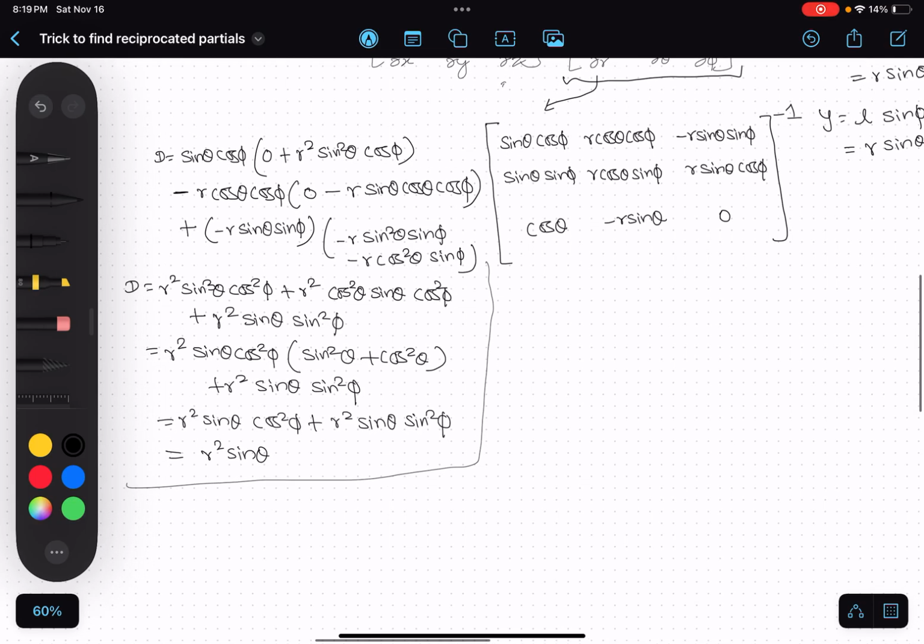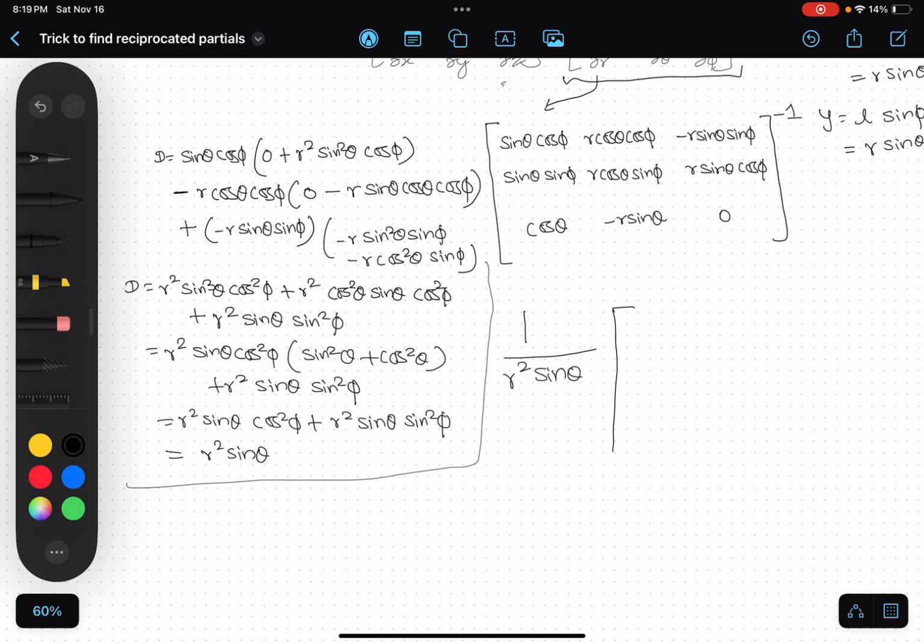Now I guess you know how to find the matrix inverse, right? So what we do is, I'll just show you. First of all, 1 by the determinant, which is r square sine theta.